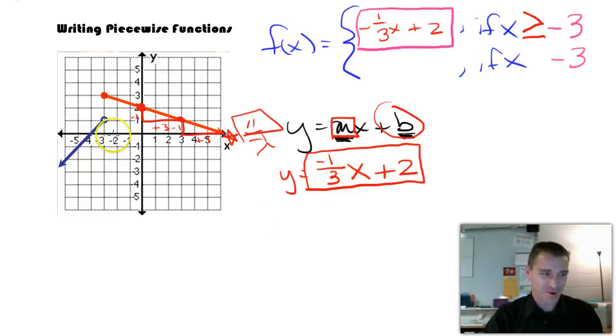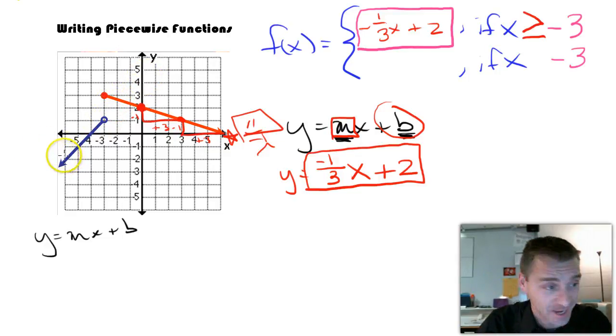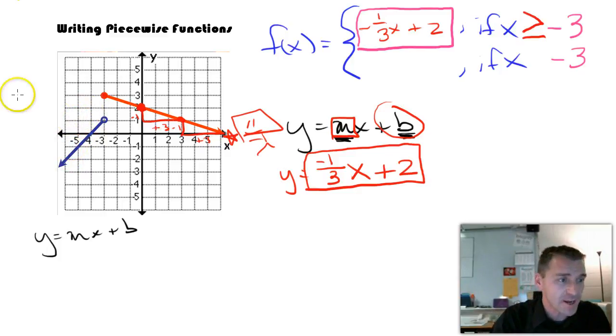So here's what you have to do. You can look at this thing right away and say, wait a minute, I know I need to write the equation on this line, so I need y equals mx plus b. I need that. I don't know what the y-intercept is because I don't know where it crosses over here if I kept going with it. But I do know the slope. I can figure that out right away. Watch. I can look at this and say, okay, let's go from here.